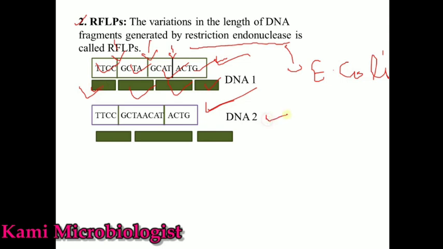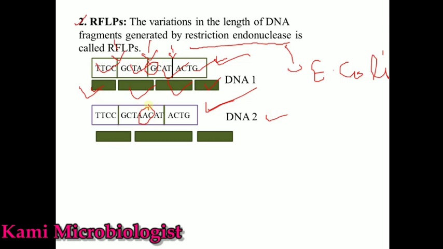In the second case, although the sequences are the same, just a little bit is changed, and that is G. In this case we have G, but in this case instead of G we have A. Due to this single nucleotide polymorphism, this single nucleotide change, what happens?